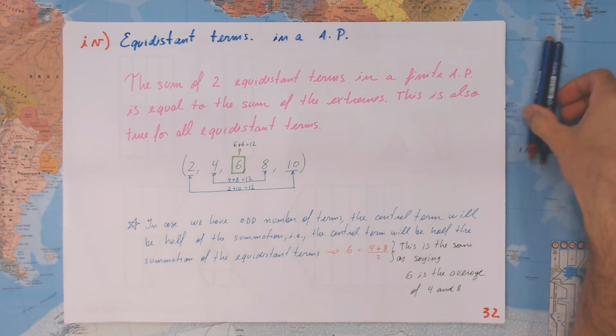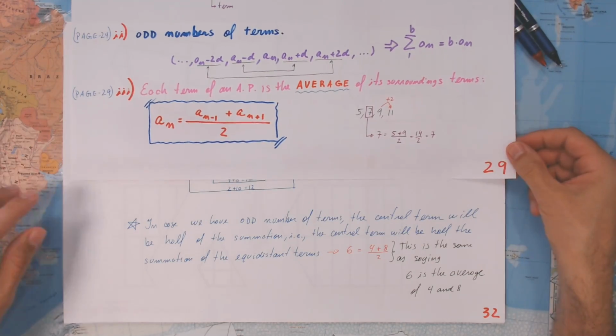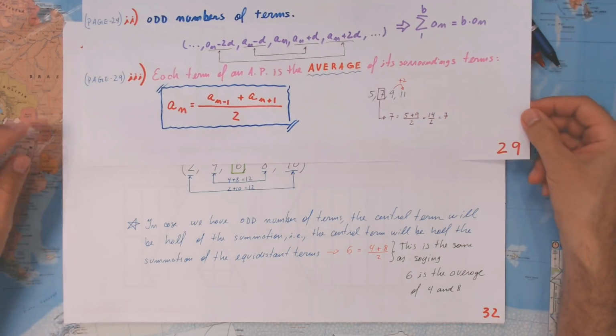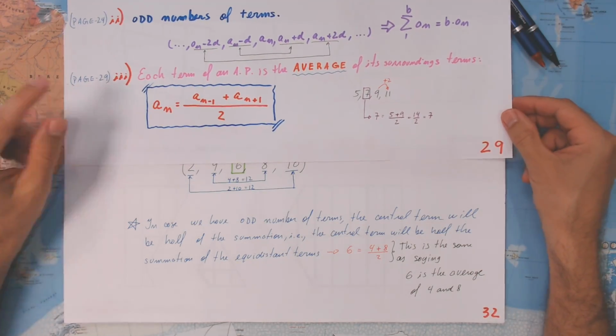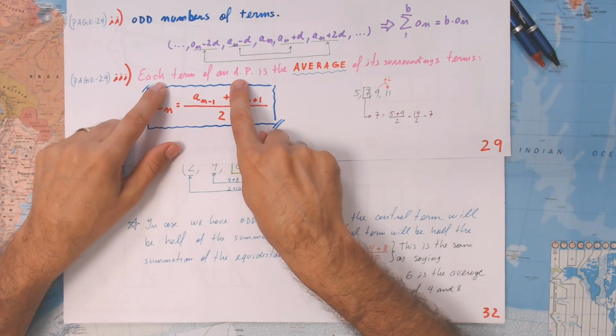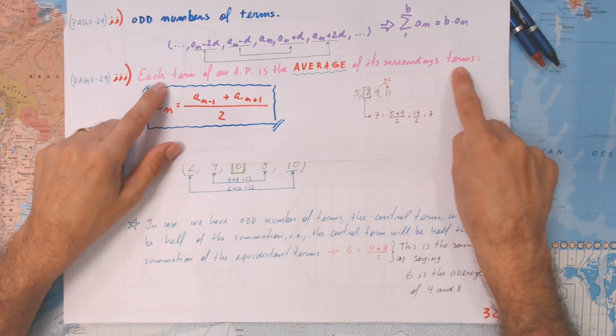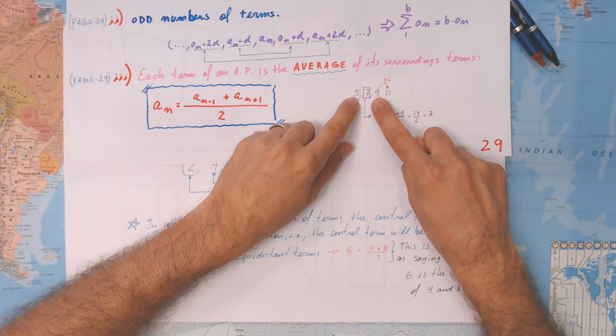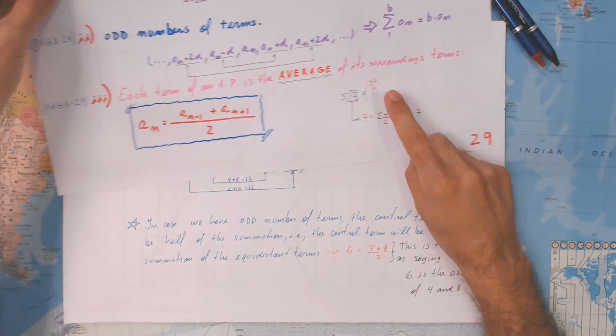Okay, we just have seen this, right? Okay, so this property number 4 is just like property number 3 written in a different way. Remember, each term of the AP is the average of its surrounding terms. Okay, it is the same thing.